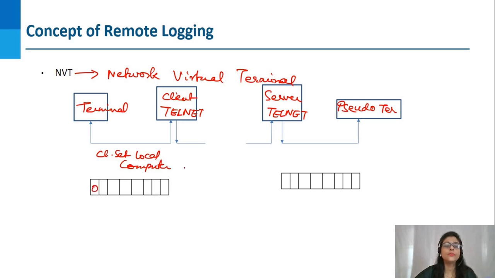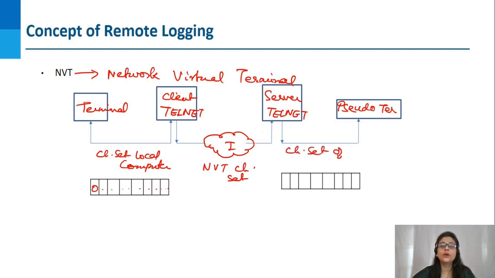Let's say it is 0 with all the other numbers. It goes to the client telnet, converts it, and over the internet it goes as the NVT character set, reaches the telnet server, and then it is reconverted to the character set of the remote computer.